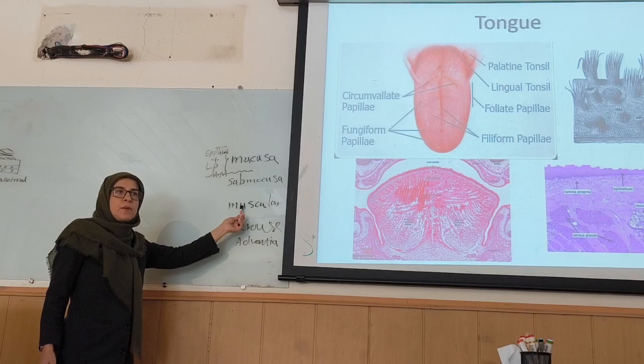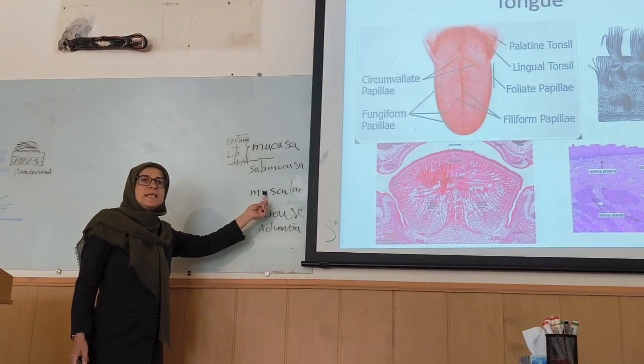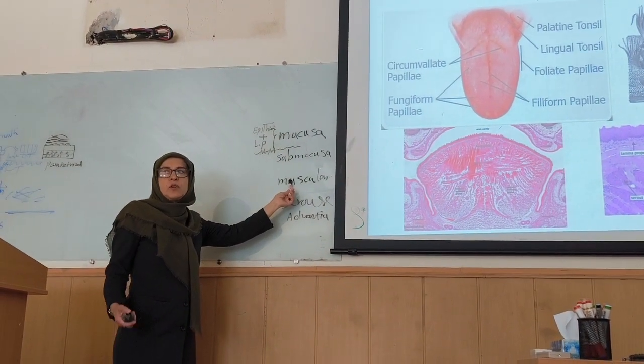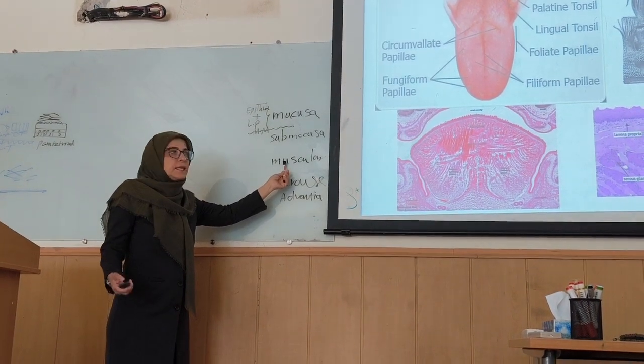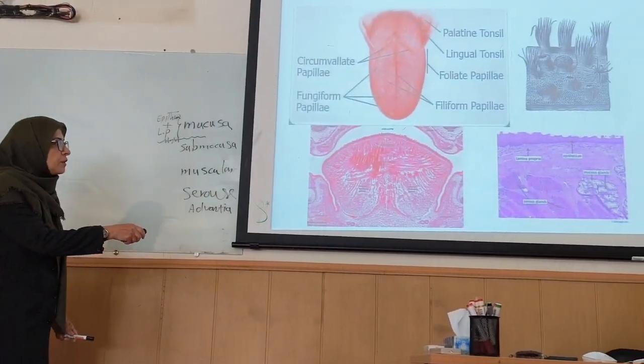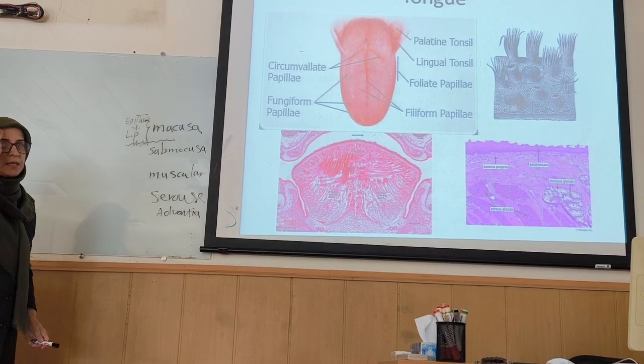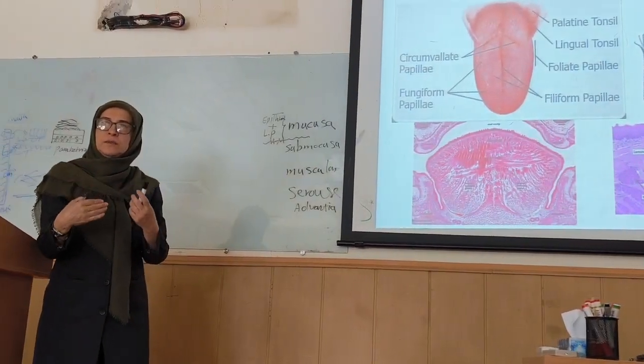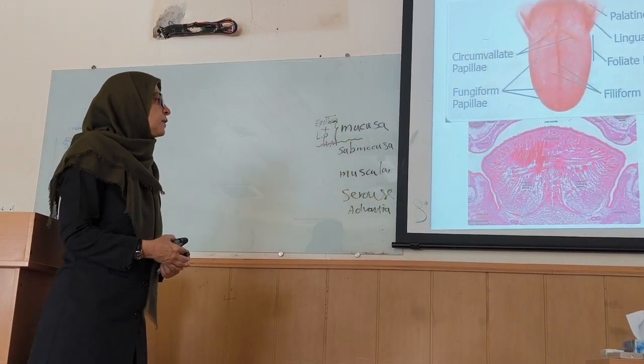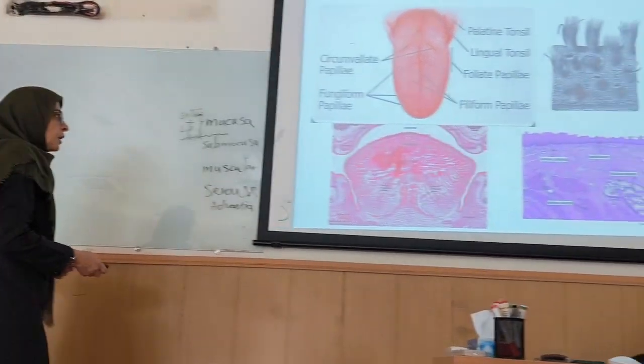This type of muscle tissue is skeletal muscle, voluntary muscle, with fibers located in different directions that form some kinds of muscle that I think were explained for you in anatomy.